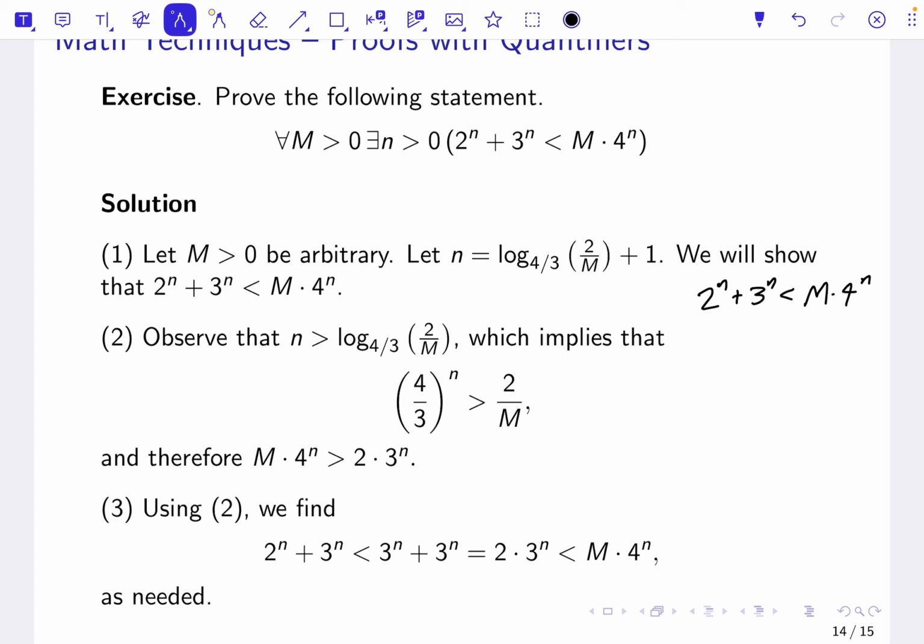where should I put this? 2 to the power of n is less than 3 to the power of n.